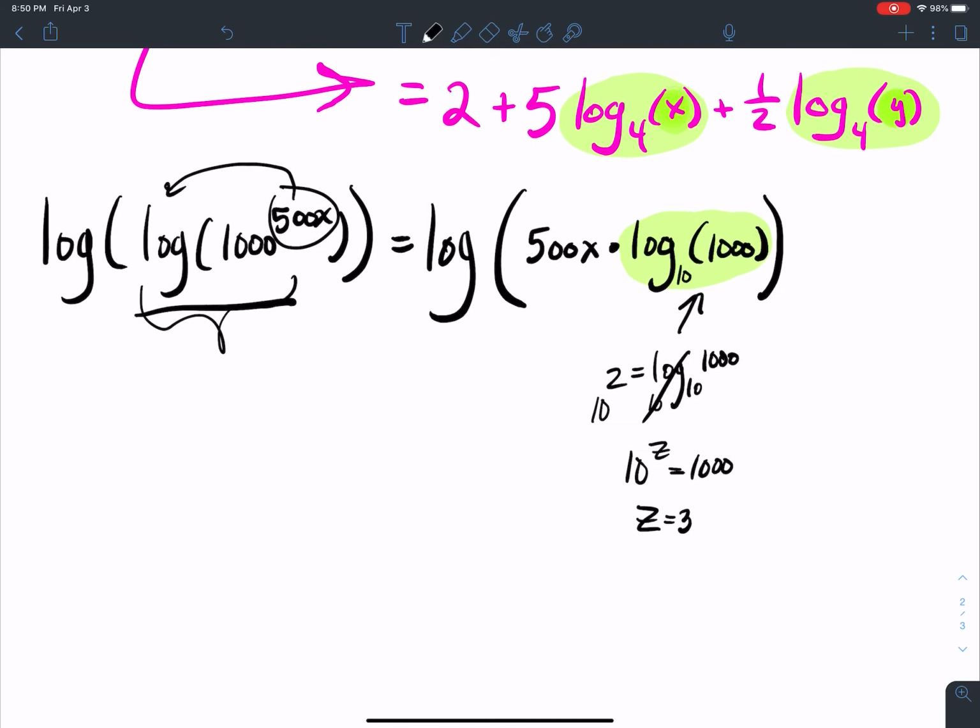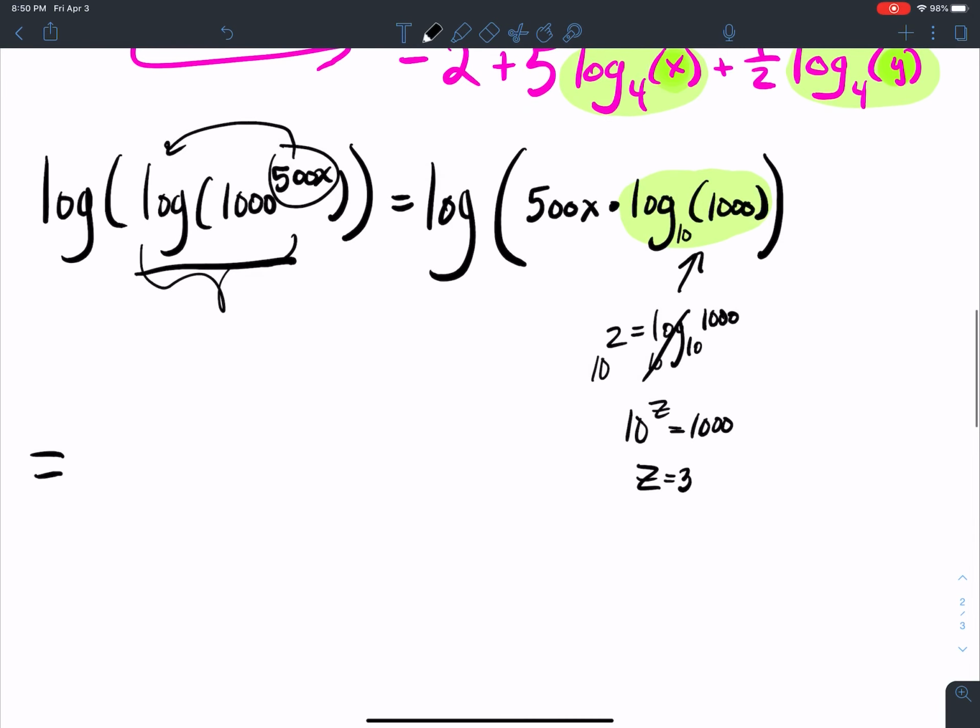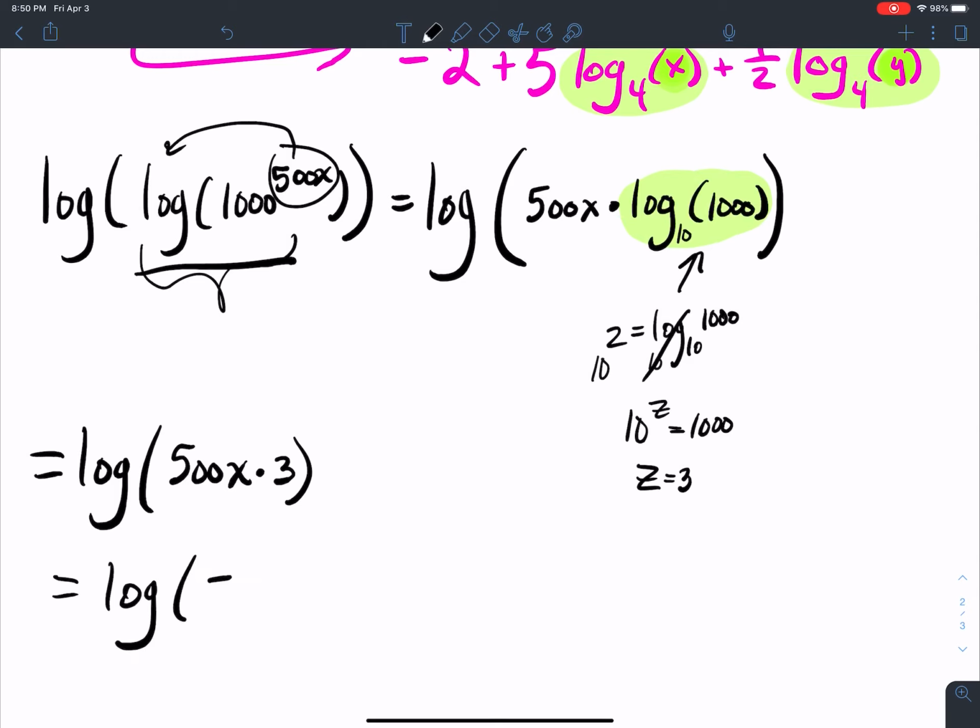So what do I have? This is equal to log 500x times 3. Okay? But I can factor this down even further, can I not? This factors to log, and then I have 5 times 100 times x times 3. Okay? Now, I see this 100 here. This can break down.